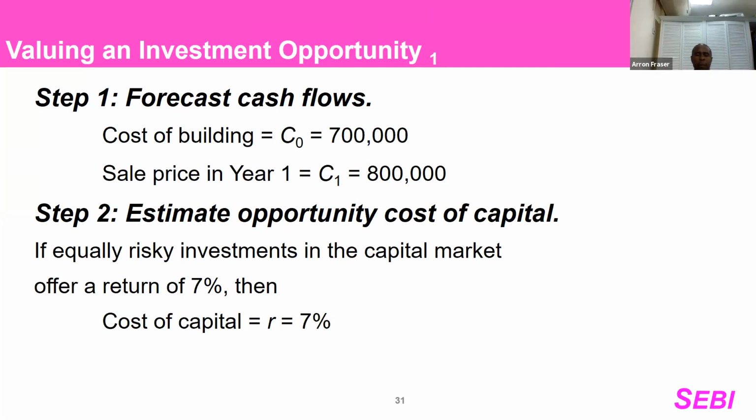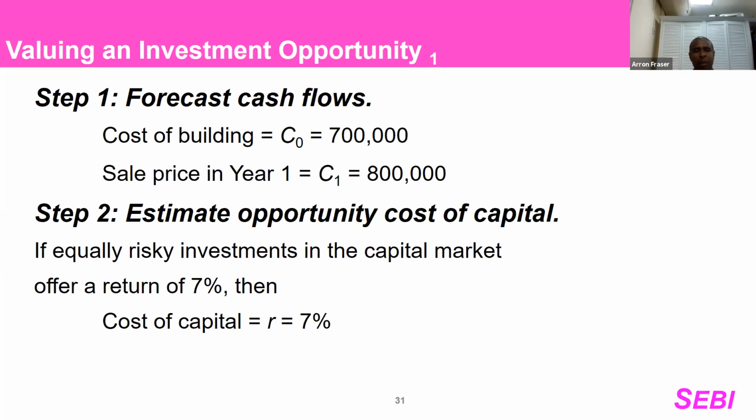But to get how much that is equal to today, you need to estimate the opportunity cost of that 700,000 that you'll invest. So for the opportunity cost of the 700,000 that you invest, you look for investments that have the same risk profile, and then you use that as a discount factor.